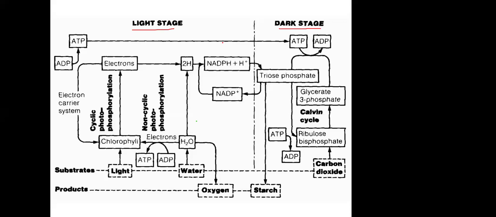RuBP concentration is high, less carbon dioxide binds to RuBP. Someone is trying to answer or what? Okay. Why is RuBP high when GP is low? Okay, can someone answer that?